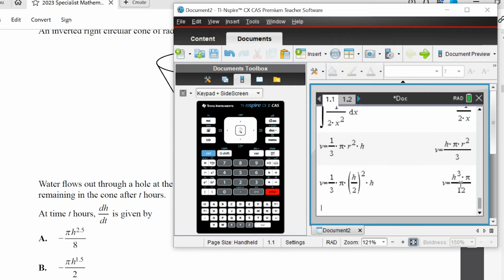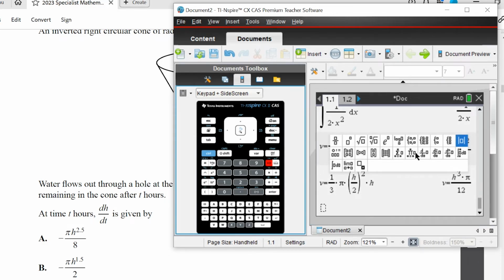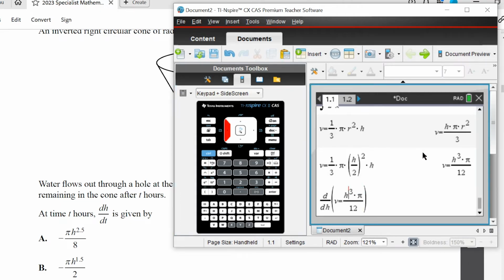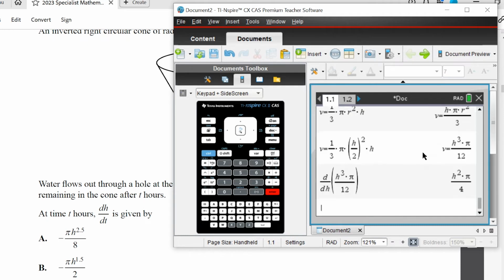I want to get dV/dh, so I'm going to differentiate that. You can easily differentiate that by hand. dV/dh of this is going to be 3 pi h squared on 12, or pi h squared on 4. And this is dV/dh.